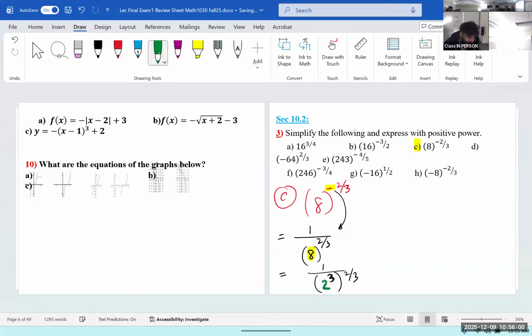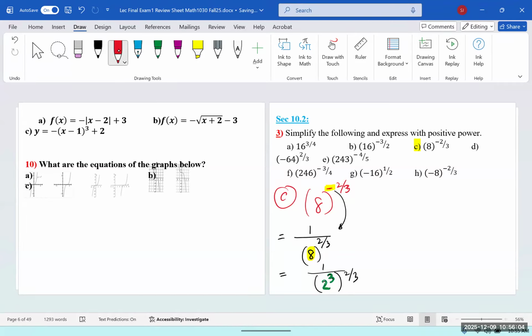Right. So 2 cubed. And why did we rewrite? What is our goal? So what can we do? You just multiply 3 and the 2/3, right? So when you multiply this 3 and this denominator 3, they cancel out. And that was our goal, to cancel out the denominator, because we hate denominators.